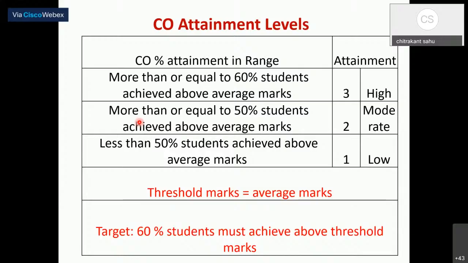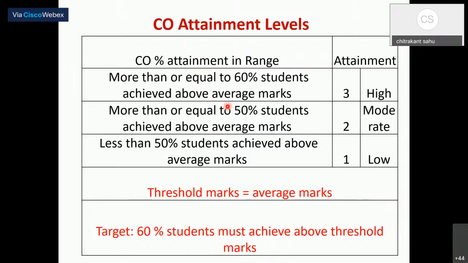If 60% of the students achieve above average marks for a course outcome, then we consider the attainment as 3. Otherwise, if it is between 50 and 60%, the attainment level is 2, and if it is less than 50%, it is considered attainment 1. This has to be decided by the teacher or at the department level.